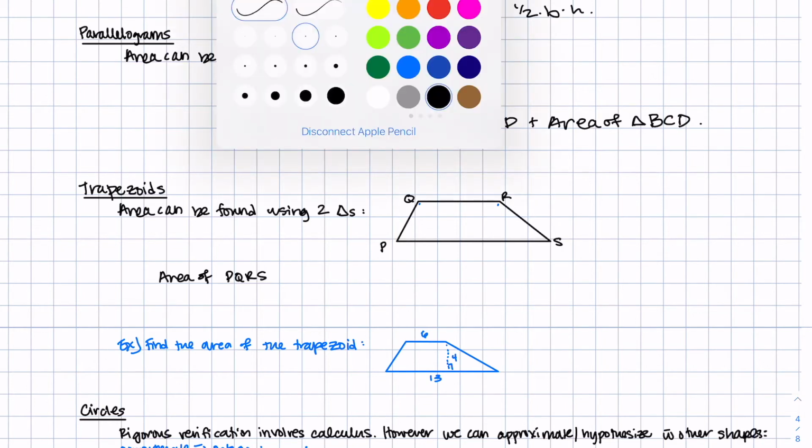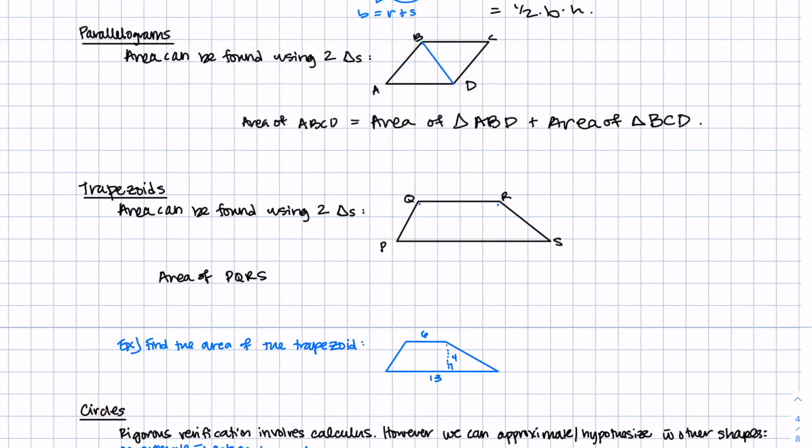So to find the area of the triangle ABD here, we need this base, and we need this height. So then for this area, this is going to be 1/2 times the base times the height.